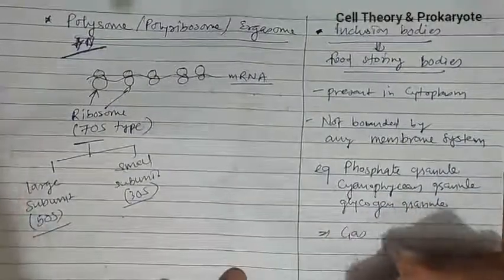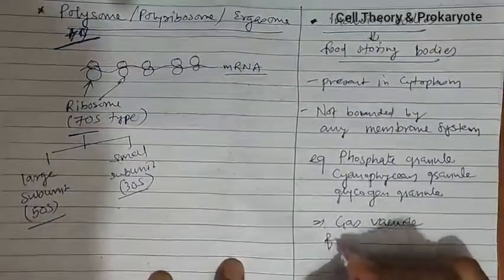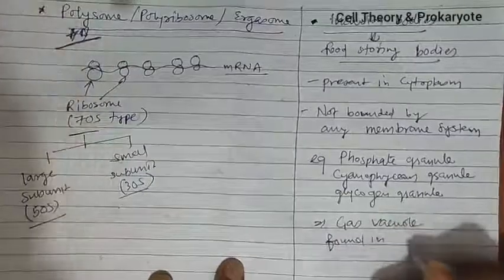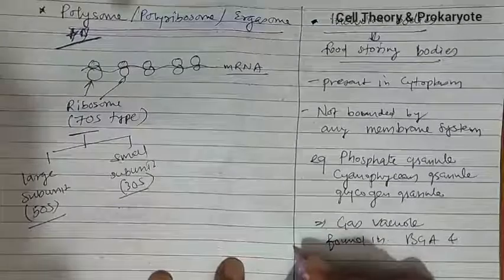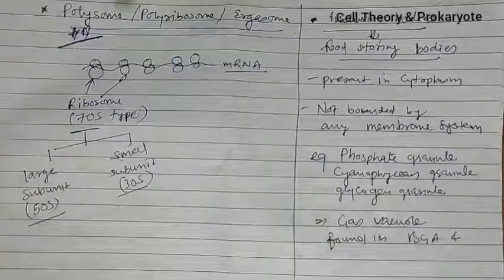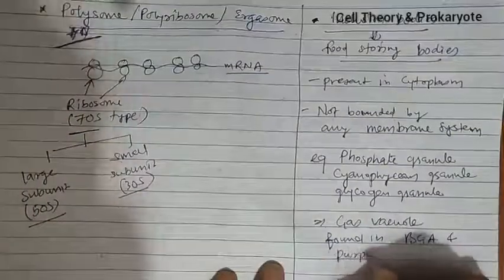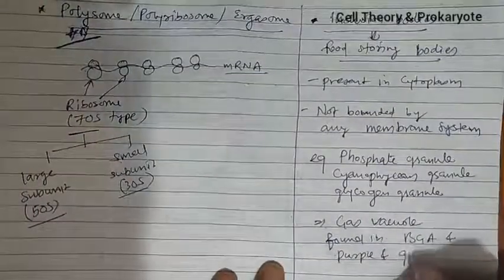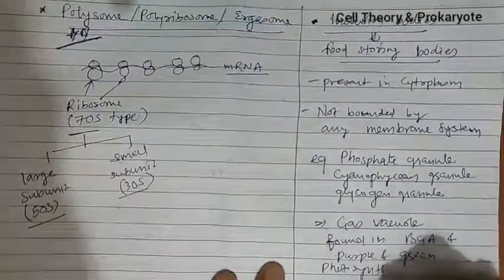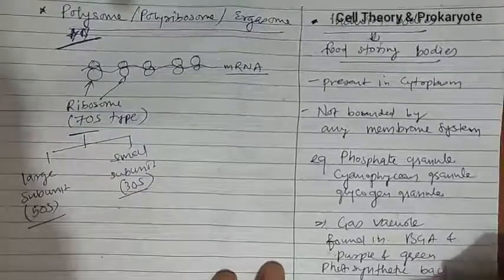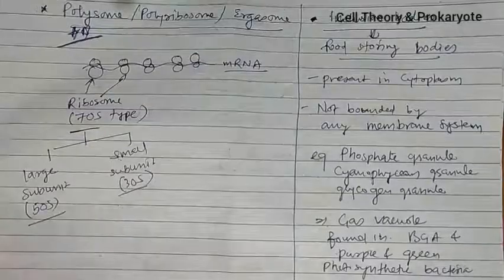Then one more is gas vacuole, and this gas vacuole is found in blue green algae and purple and green photosynthetic bacteria. Okay, in these they are found.